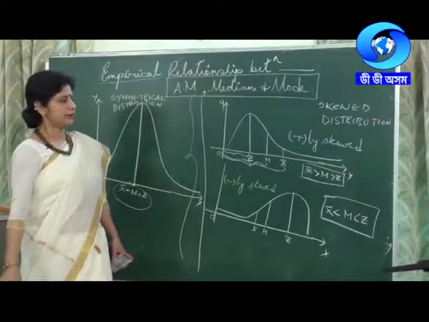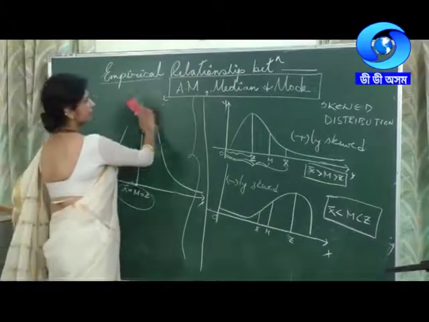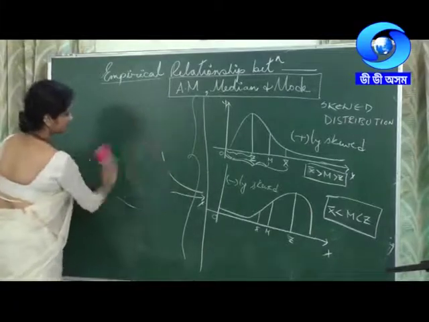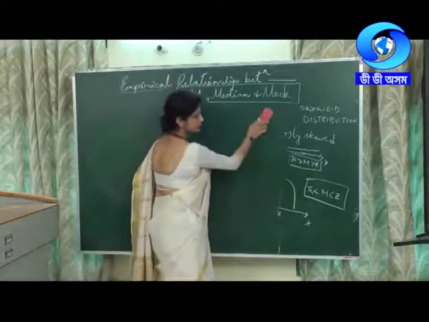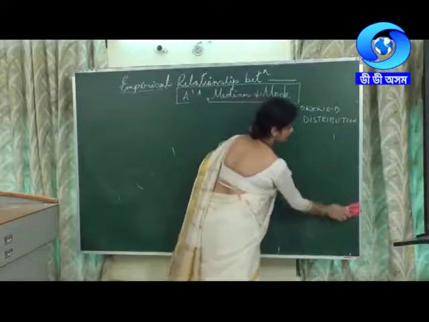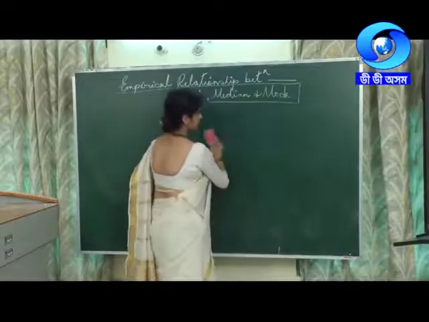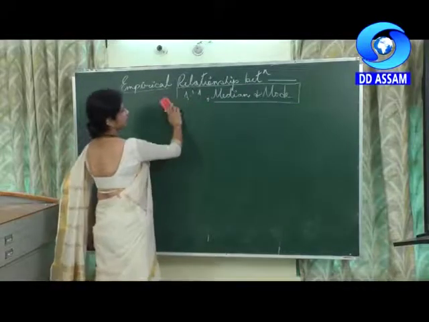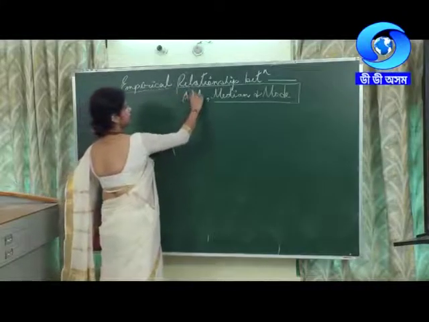Okay, so now what does the empirical relationship between mean, median and mode say? It says that for an asymmetrical or skewed distribution, the following mathematical relation or empirical relationship exists between mean, median and mode.